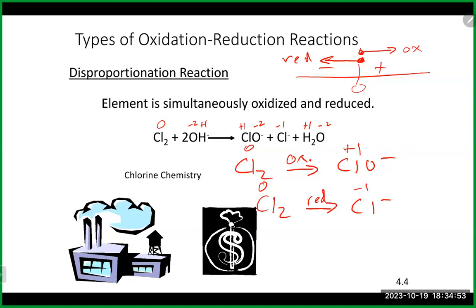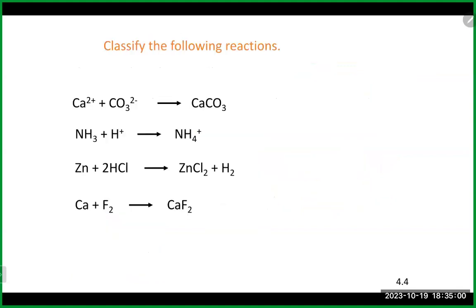All right, so lastly here, in terms of classifying reactions, we could look at some of these here. This is an acid-base reaction, the net ionic equation happening. This is our single replacement reaction, which is also a redox reaction.